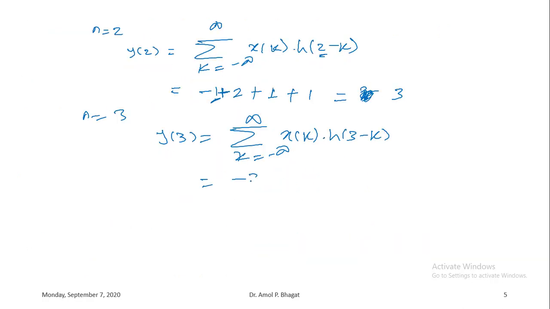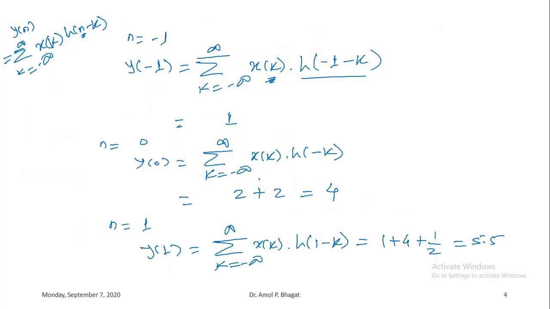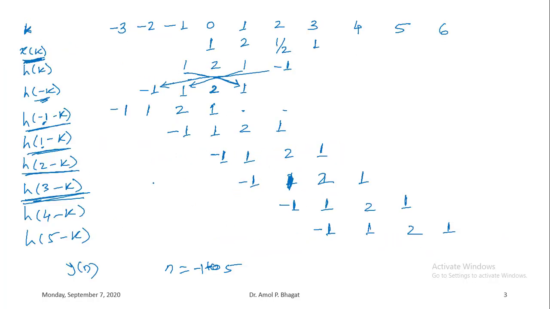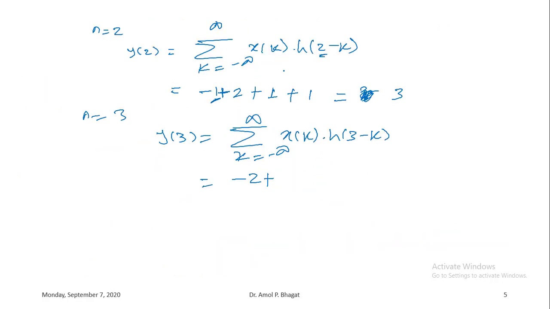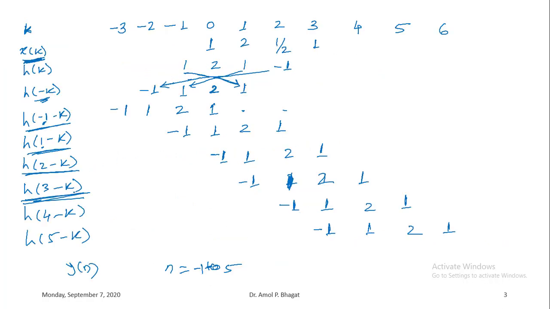So minus 2 plus, then 1 multiplied by 1 by 2 will be 1 by 2, plus, then 2 multiplied by 1 will be 2, right?